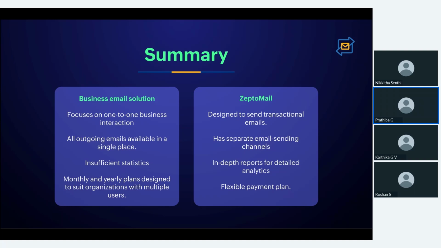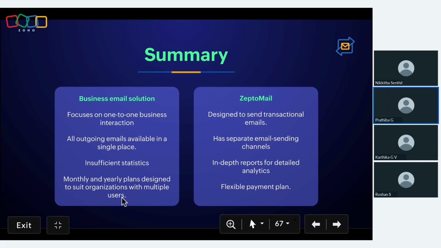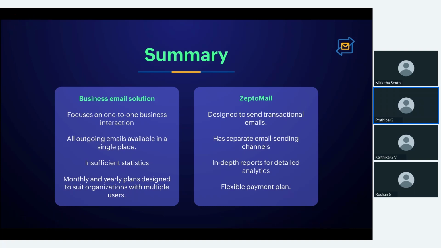And the statistics available are sufficient to view information related just to the business email communication, while ZeptoMail has in-depth reports tailored specifically for transaction emails. And finally, business email solutions have monthly and yearly plans that are designed to suit an organization with multiple users, while ZeptoMail has a flexible payment plan that is designed based on the number of emails you send.